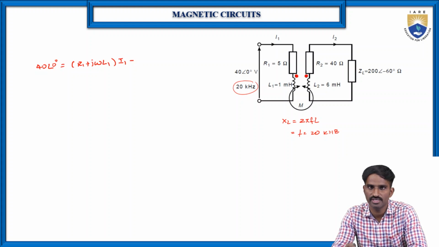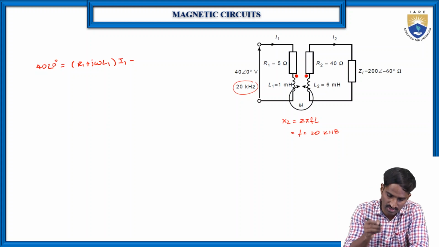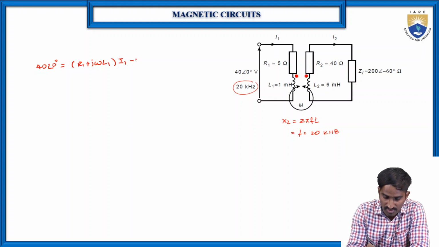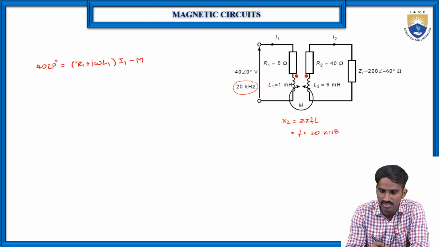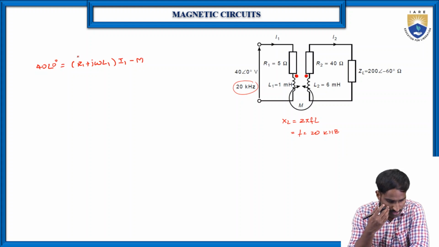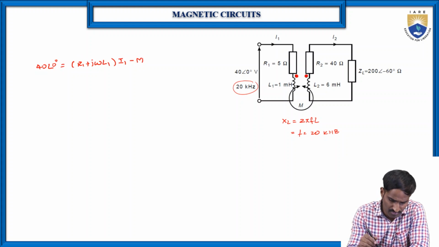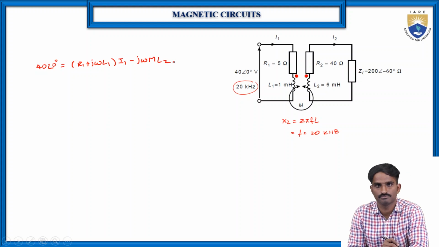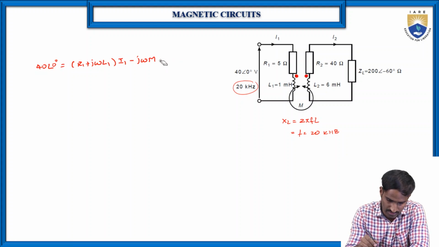That's why the mutual inductance gets the negative sign, so we have minus J omega M into I2.